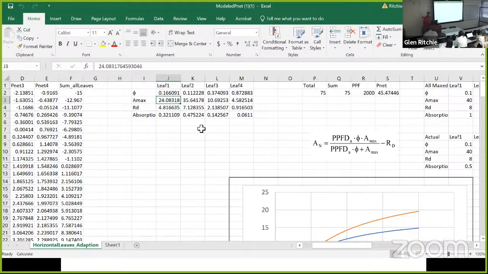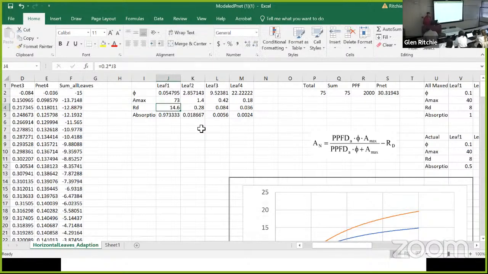So now all of these are tied to this Amax here, and you can change your total Amax for the system and see what happens. That was actually pretty fun.